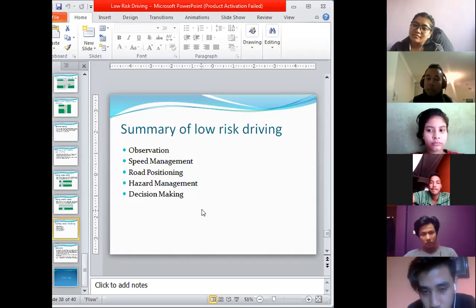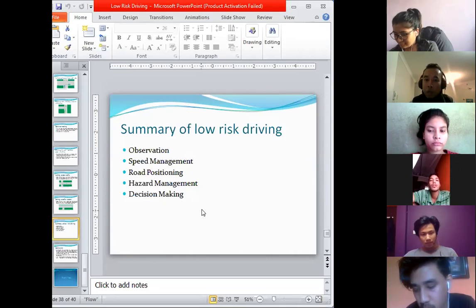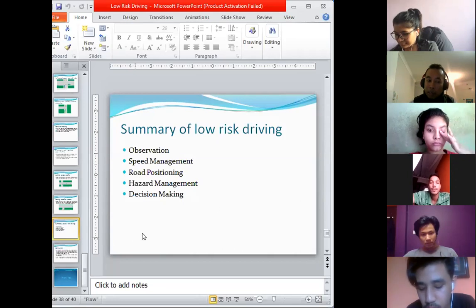If it is not safe, if there are vehicles coming from the other side or from the main road, you should not go. You must maintain at least a 3 second gap. If it's more than a 3 second gap, it's always better. Going to an intersection or traffic light, what you should decide is to go a bit slower, scan your intersection, make sure it's safe, and then proceed. Those are the decision making.